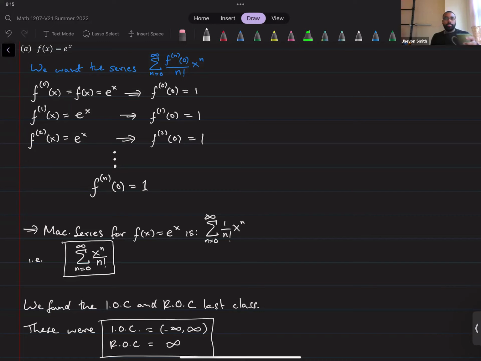So we're going to play that game again. We know that f to the 0 of x is cosine of x. This means f to the 0 evaluated at 0 is cosine of 0, which is 1. Okay, cool. f prime of x is actually minus sine x. Now f prime evaluated at 0 is minus sine of 0. Now sine of 0 is 0. Oh, it's already shaping up to not be as straightforward as the last one.